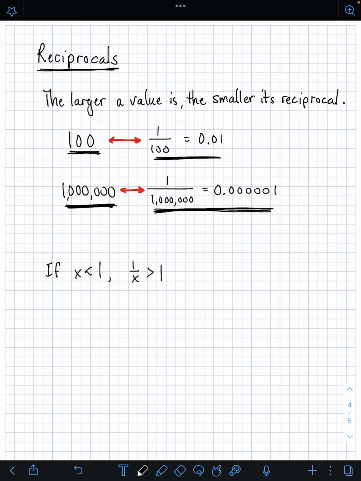And fractions tend to be either proper or improper. A proper fraction is when the numerator is smaller than the denominator, such as 3/5. However, an improper fraction is exactly the opposite.